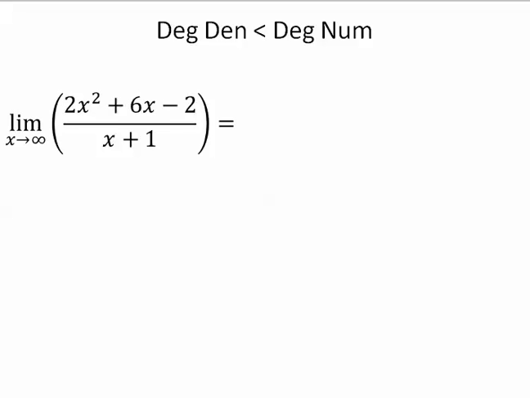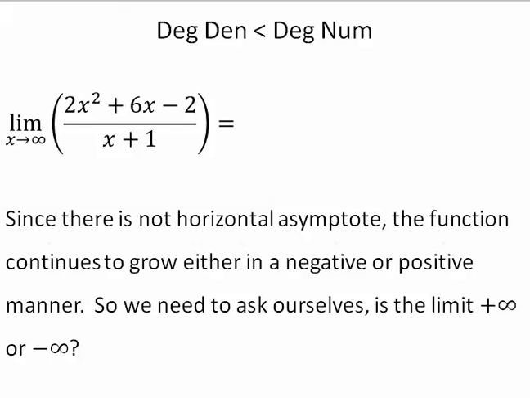When it's top heavy like this, there is no horizontal asymptote, and the function continues to grow either in a negative or positive manner. So in this case, we're going to have to ask ourselves not what is the horizontal asymptote, but is the limit infinity or negative infinity?